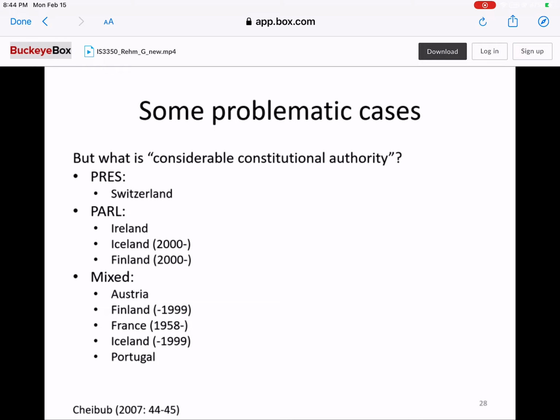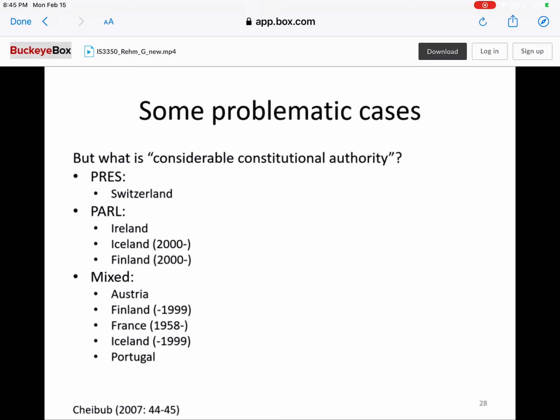There are more complicated or problematic cases when it comes to classifying them as presidential or parliamentary. Switzerland is anyways a fairly complicated or different system from what we are used to typically, and so some people would classify Switzerland as a presidential system, but remember the Swiss system has the magic formula and this collective executive, so there are lots of things that are different about this political system.